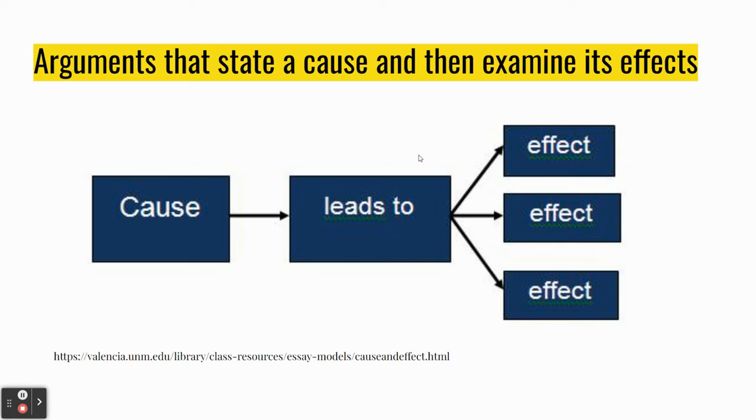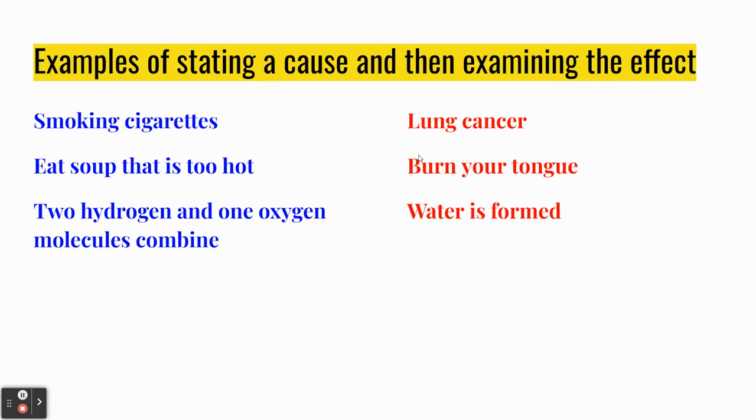One way to write a cause and effect paper is to begin with the cause and say that it leads to effect A, effect B, effect C. We start with a cause and we look at what happens as a result of that cause. So, smoking cigarettes leads to lung cancer.